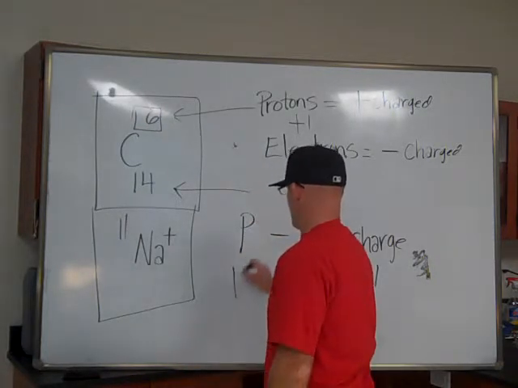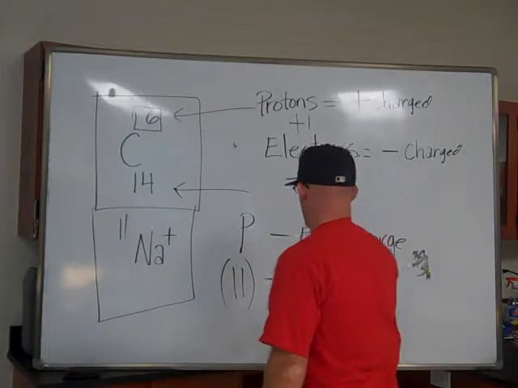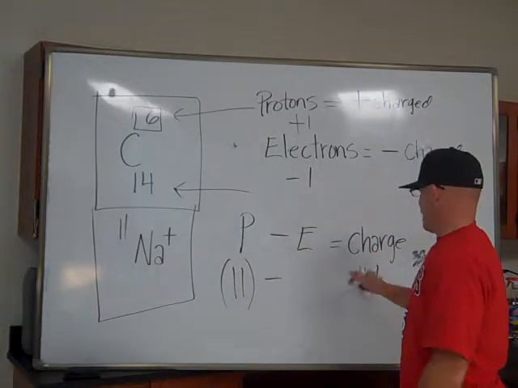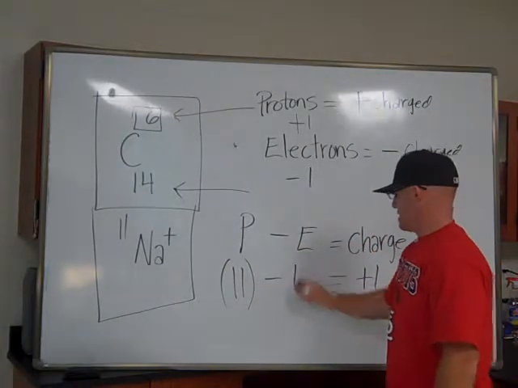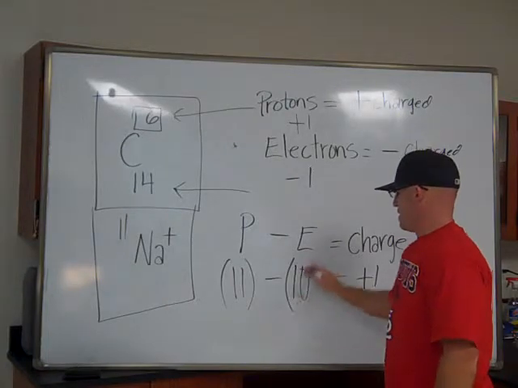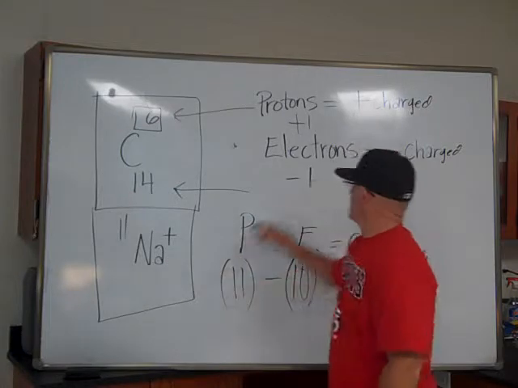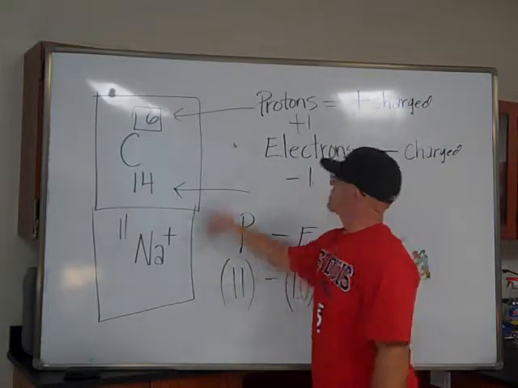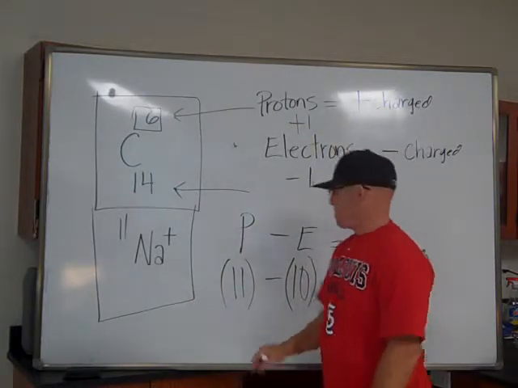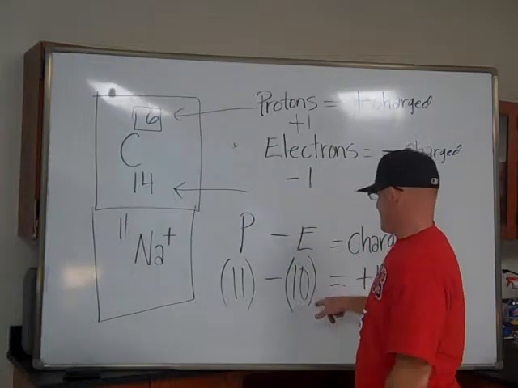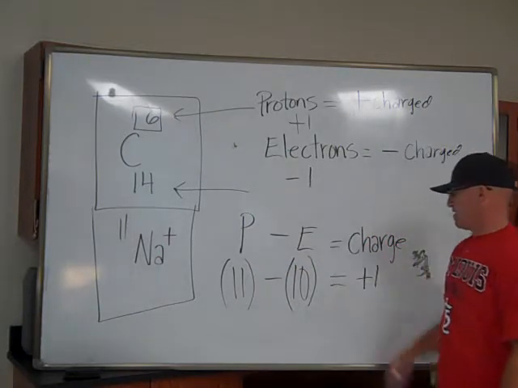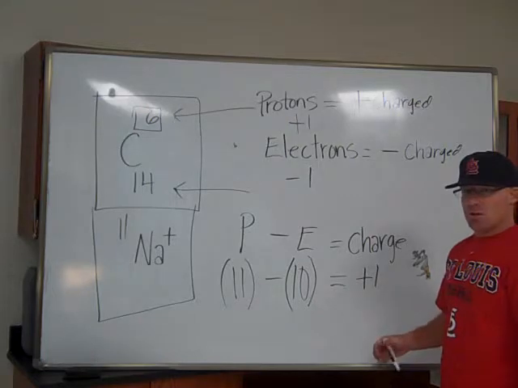So I know it has 11 protons. 11 minus what is +1? 11 minus 10. So sodium, in this form, has 1 fewer negative charges than it has positive charges. So my protons are 1 more than my electrons. 11 minus 10 equals +1.